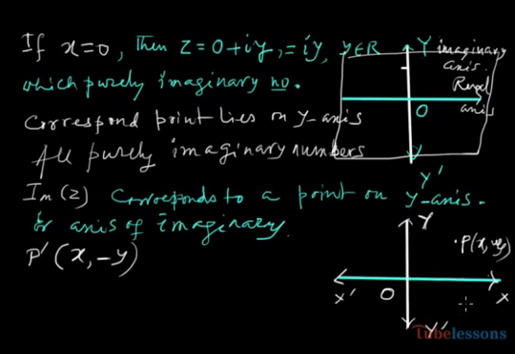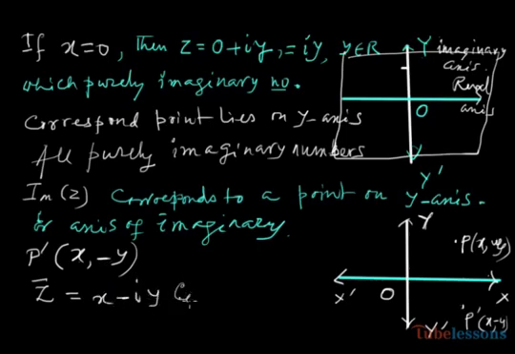This side is the positive side of X and this is Y. We name it P dash, X, minus Y, and this represents the complex number Z is equal to X minus iY.